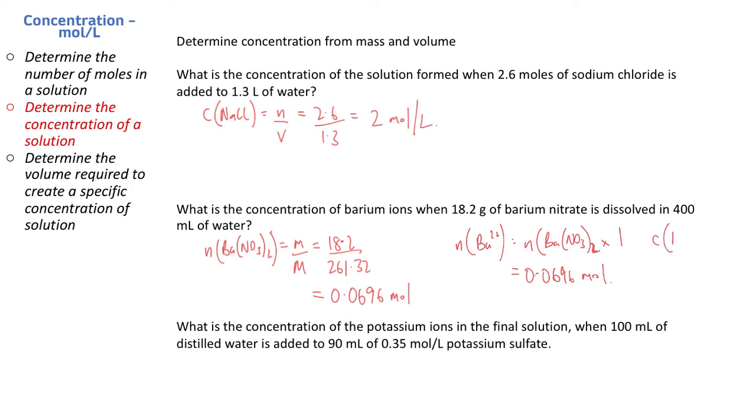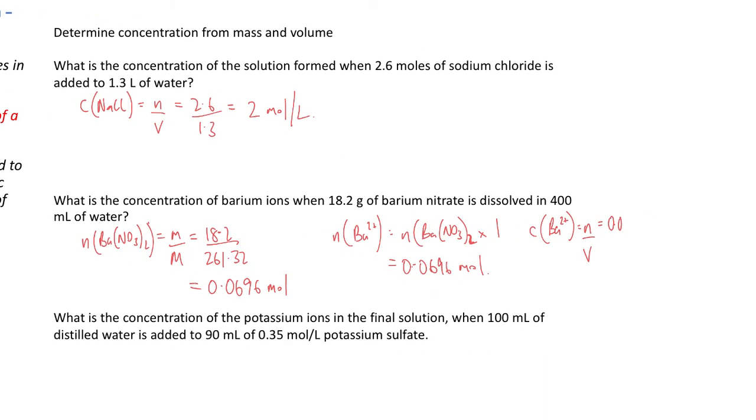So concentration of barium ions will be equal to n on V, which will be equal to 0.0696 over the volume of 0.4, which happens to be 0.174 mole per liter.